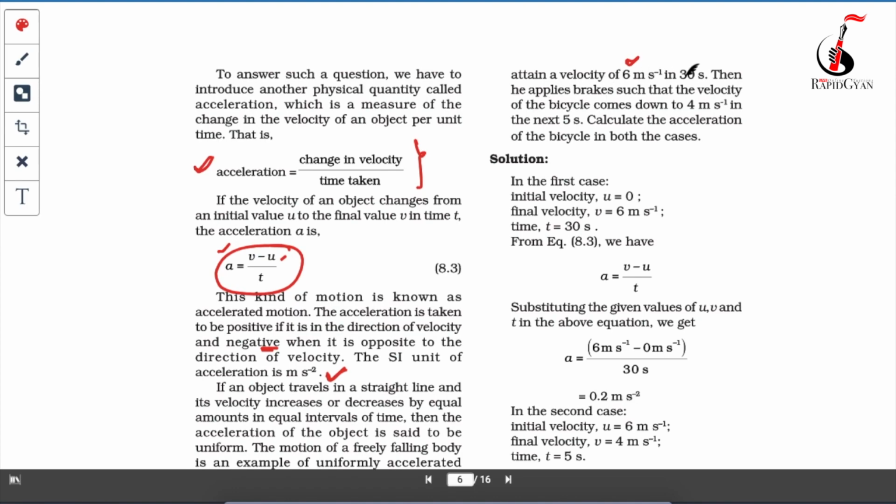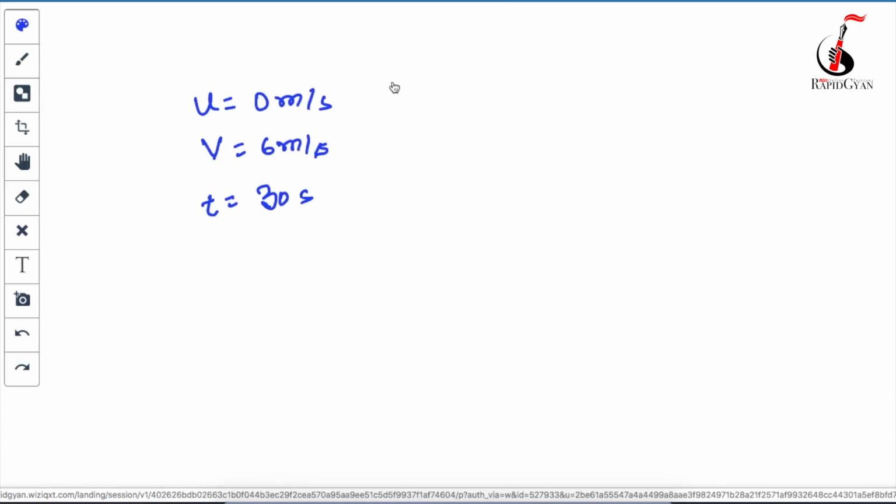Then after that he applies brake. So the first condition is done. Now he is applying brake. So after that he applies a brake such that the velocity of the bicycle comes to 4 meter per second in the next 5 seconds. So in the first case this is the condition.